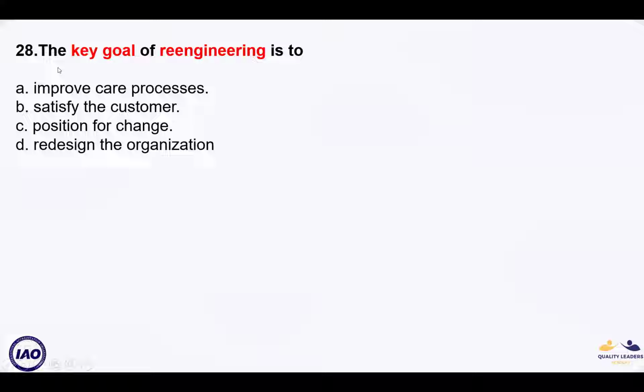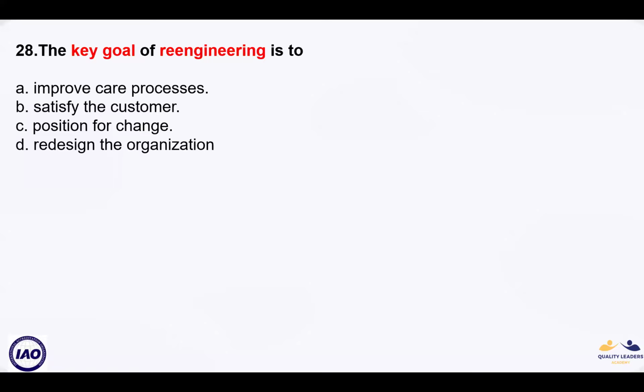Coming to question number 28. The key goal of reengineering. Here again, it is asking what is the ultimate key goal of reengineering. Now you will have to understand what reengineering means first. Reengineering means a radical, fundamental change. It's not like tweaking for gradual improvement.